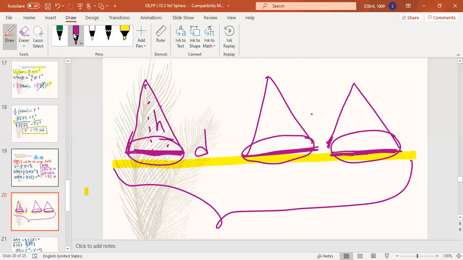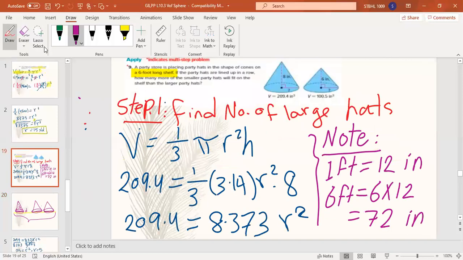Okay, I think you got it now. Now we will go back and try to find the diameter of a large hat. And to find the diameter, we have to find the radius. So we will write directly the formula of volume of cone.